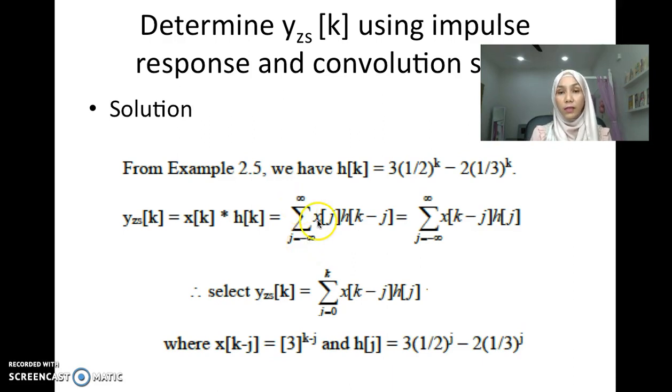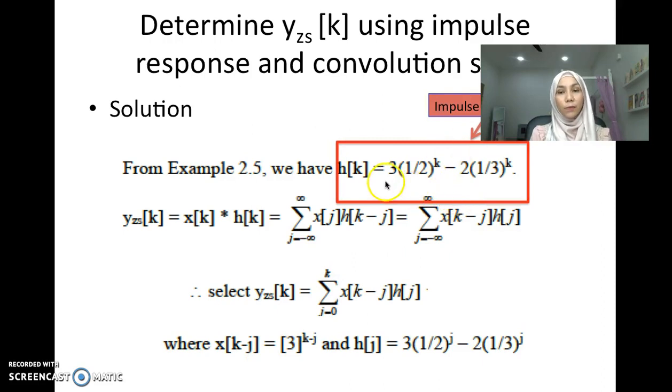equals the summation from j equals minus infinity to infinity of x[j] h[k-j], equals the summation from j equals minus infinity to infinity of x[k-j] h[j]. Therefore, you have to select y_ZS[k] equals the summation from j equals 0 until k of x[k-j] h[j]. Okay, this is the input, and this is your impulse response h[k], 3(1/2)^k - 2(1/3)^k.